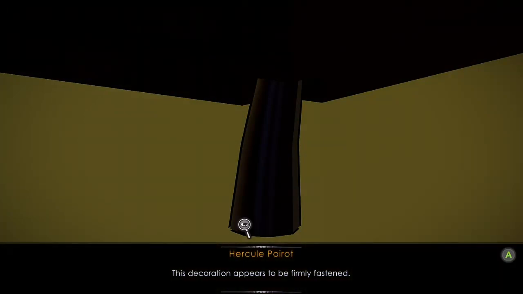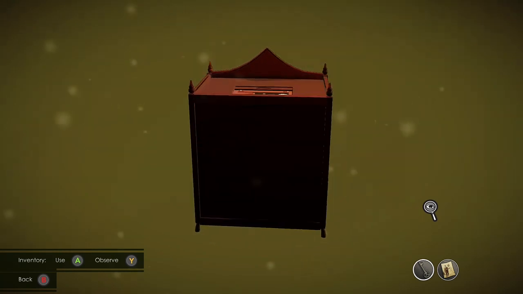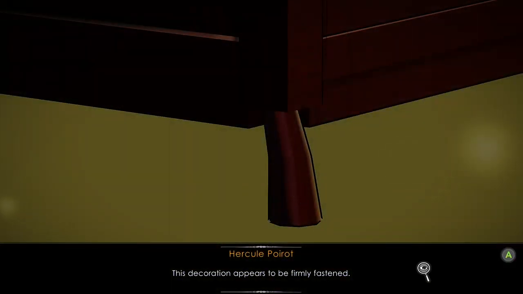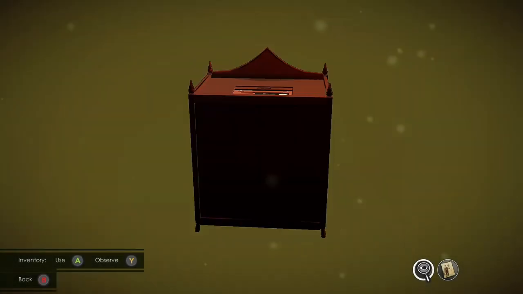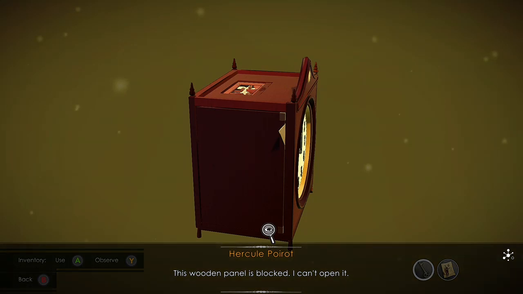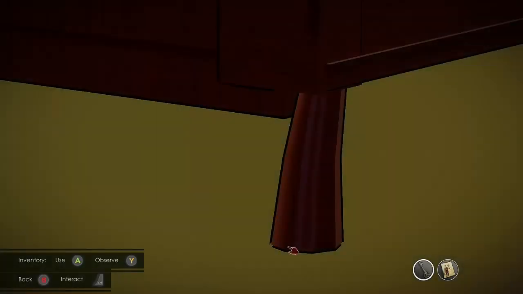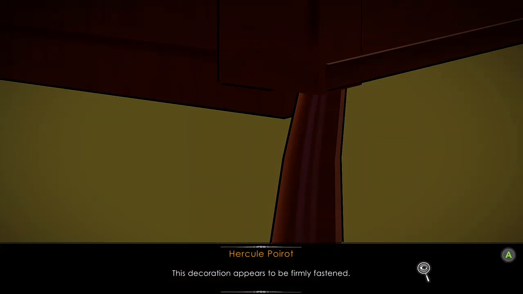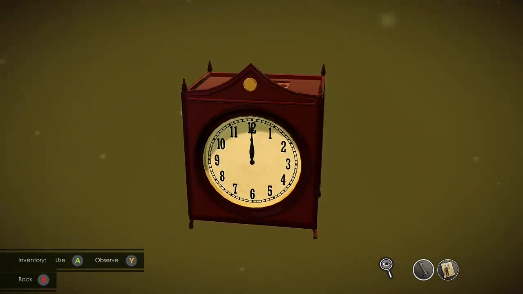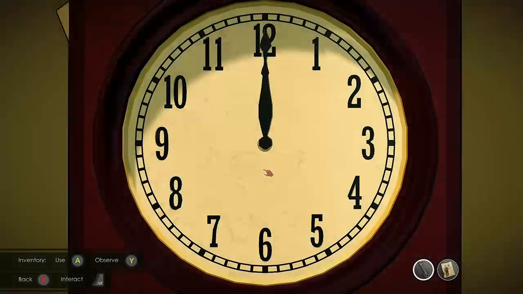This decoration appears to be firmly fastened. Yes, I get that. So what's this for?